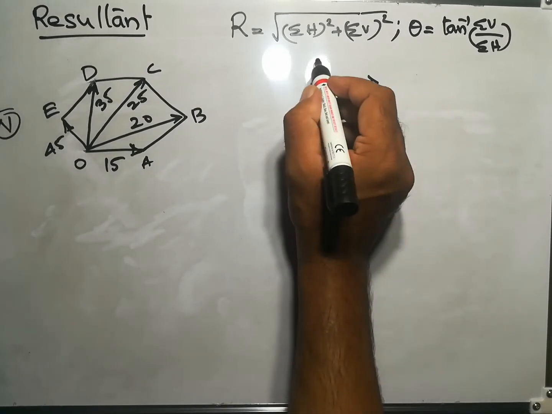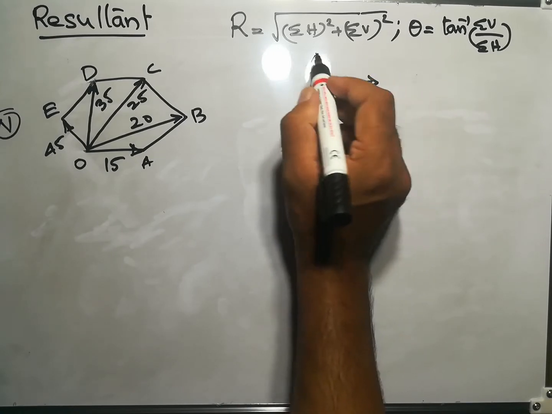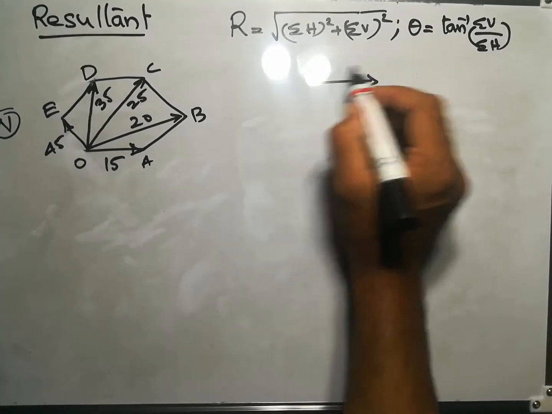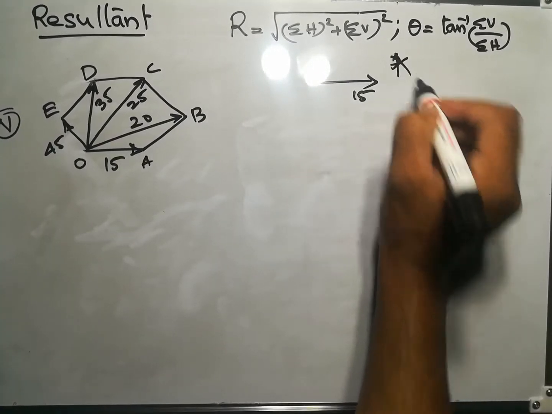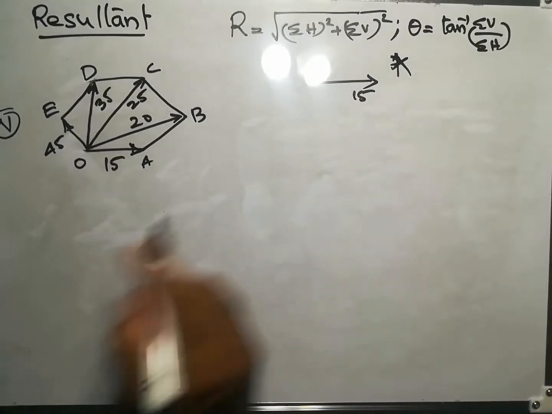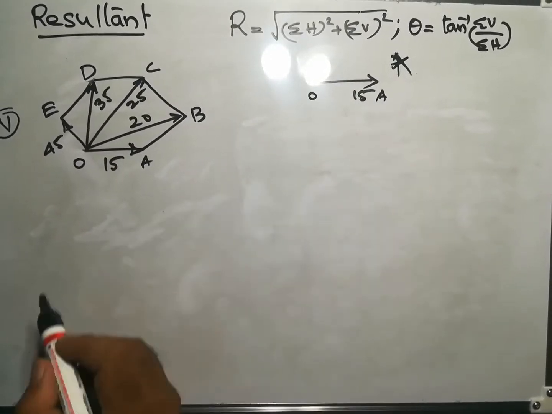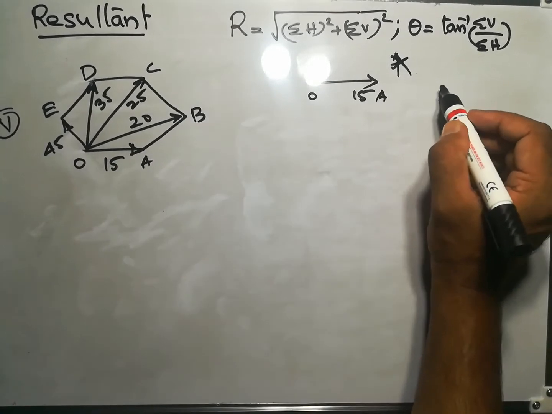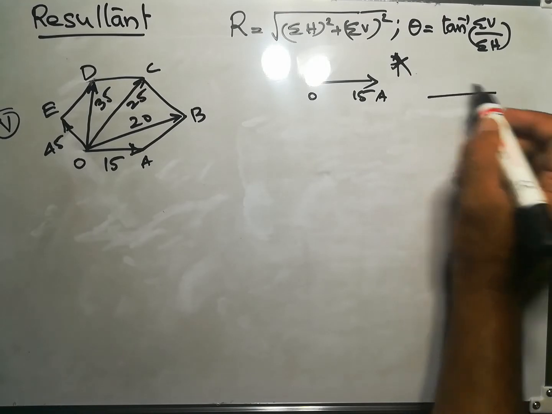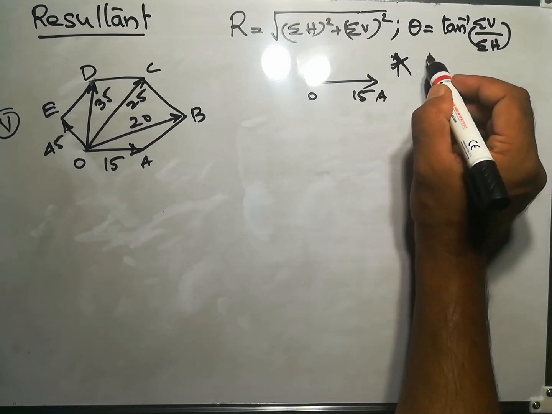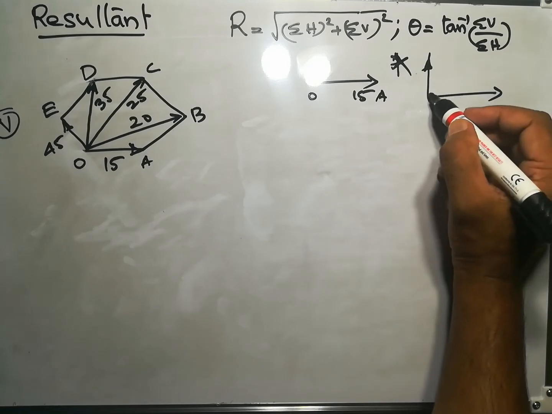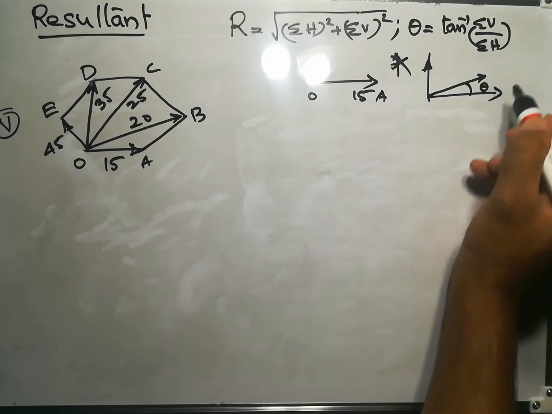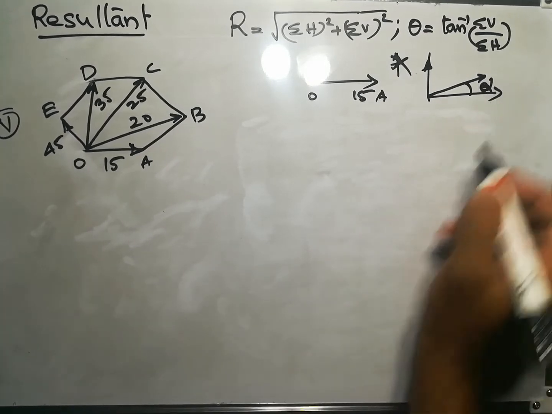It is not having any vertical component, only a horizontal component of 15 Newton, that is OA. The next force is OB with magnitude 20. So what are the components? These are the components, and this force is acting at an angle alpha.